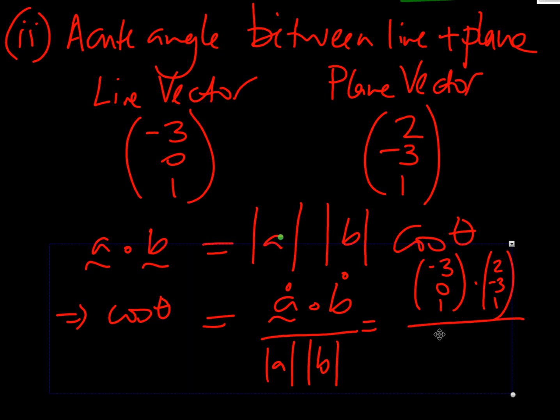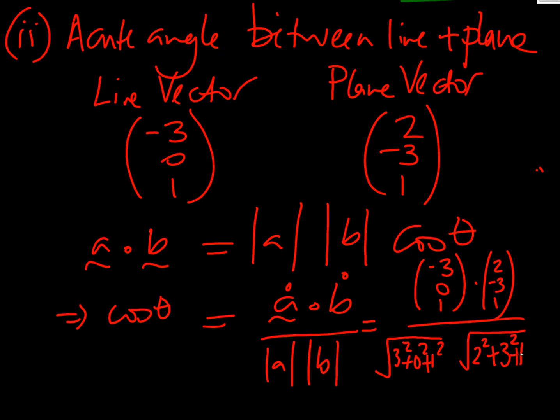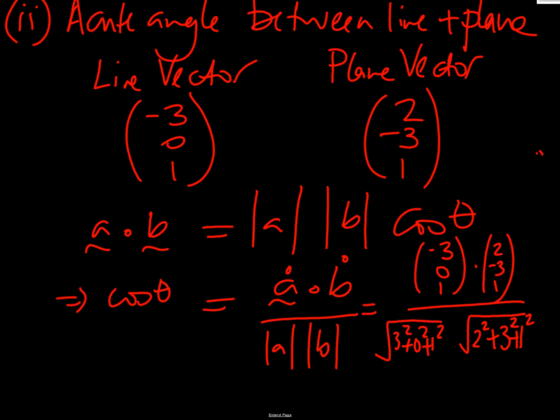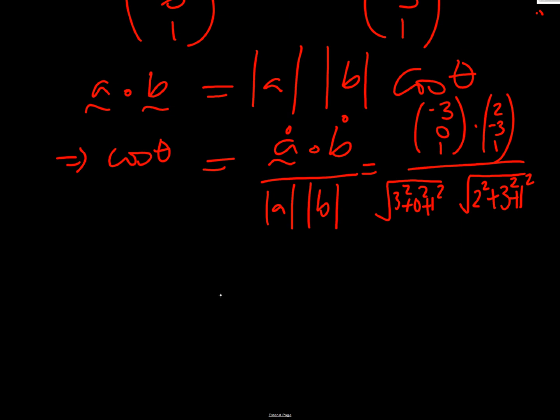The bottom is going to be the square root of 3 squared plus 0 squared plus 1 squared, multiplied by the modulus, 2 squared plus 3 squared plus 1 squared. Here we go, so that's what we're going to calculate now.